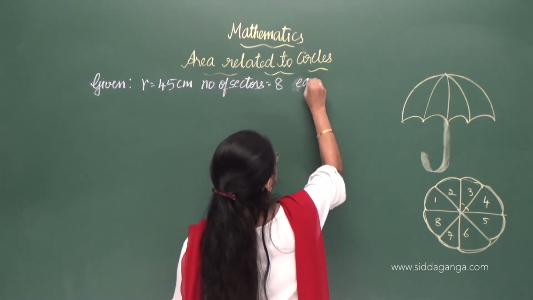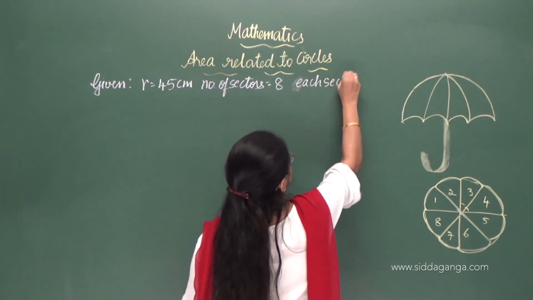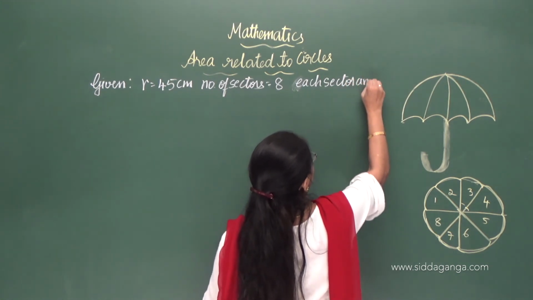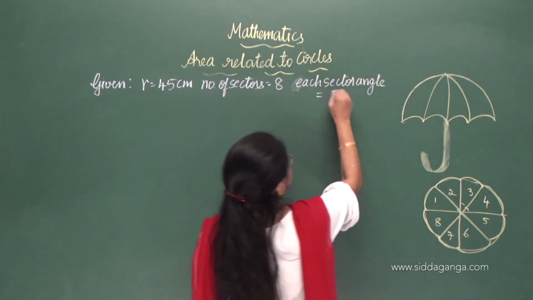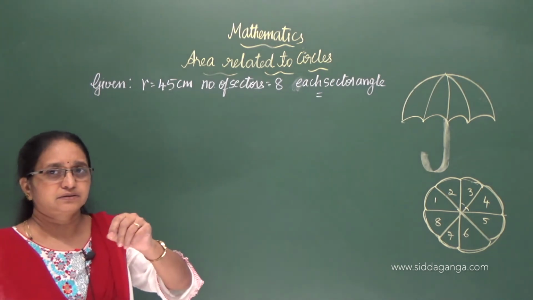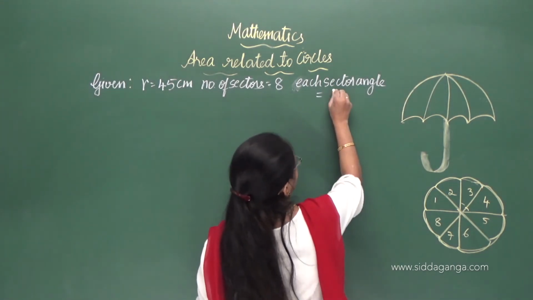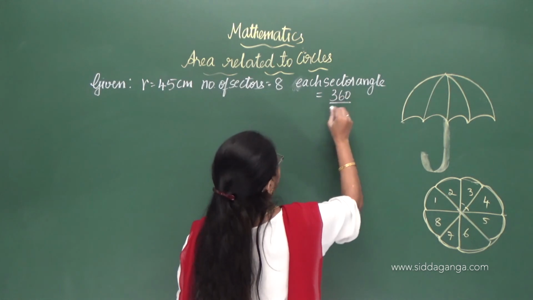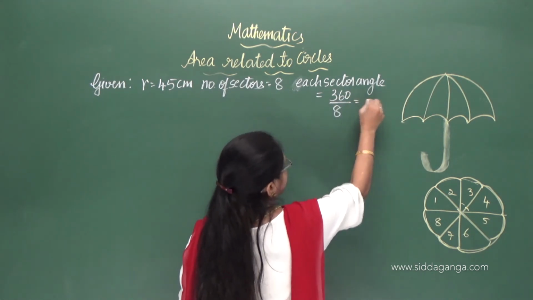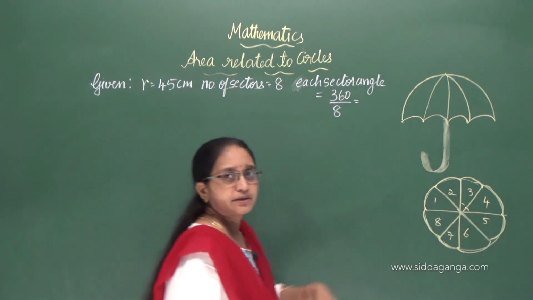Now you all know why I am calculating each sector angle, understood? So it is 360 divided by 8 parts.